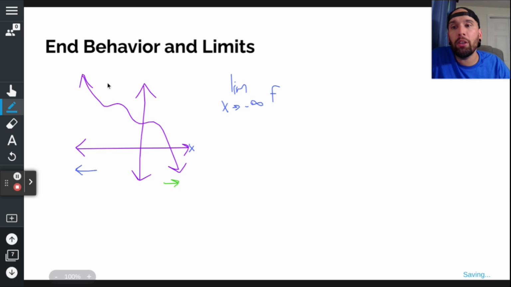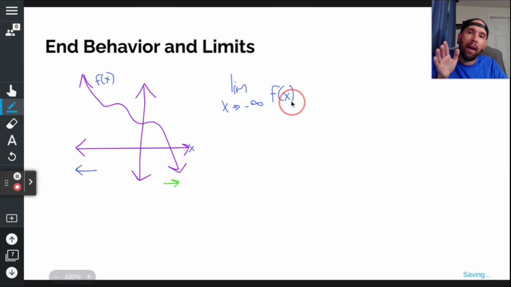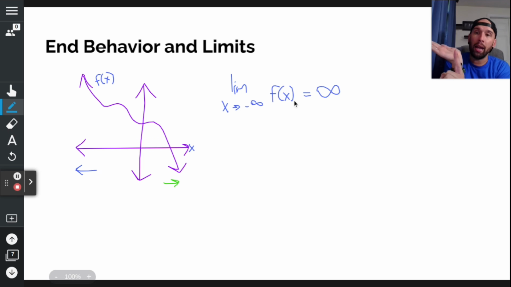So if this function was called f of x, in this particular case, my limit as x approaches negative infinity of f of x means where is that purple arrow going up here as I move more to the left? Well, it's going to go up more and up more and up more, which means it approaches positive infinity. As I go to the left, my arrow goes up, which makes it positive infinity.